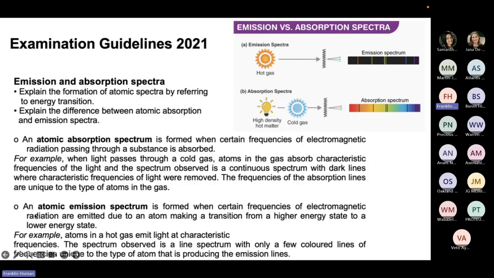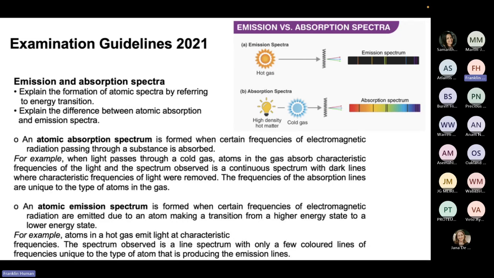An atomic emission spectrum is formed when certain frequencies of electromagnetic radiation are emitted due to an atom making a transition from a higher energy state to a lower energy state. And then the example: atoms in a hot gas emit light at characteristic frequencies.